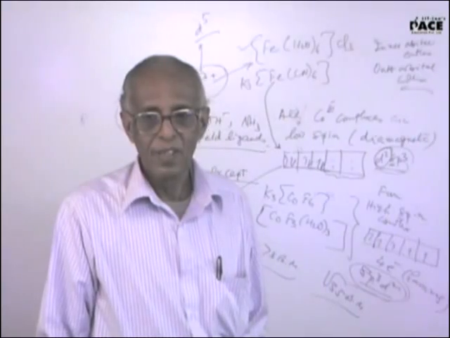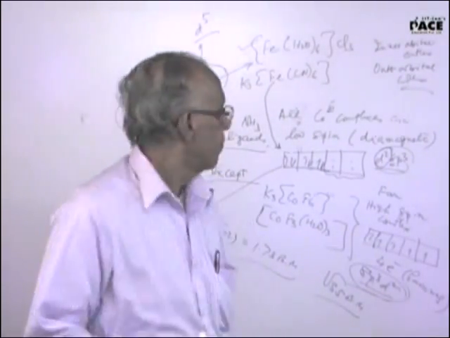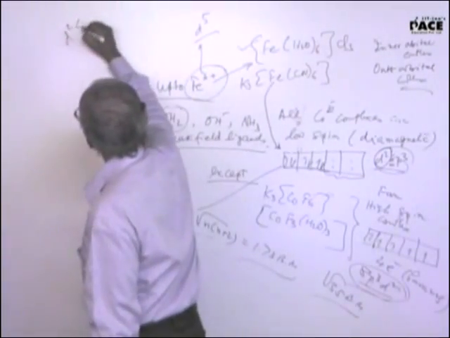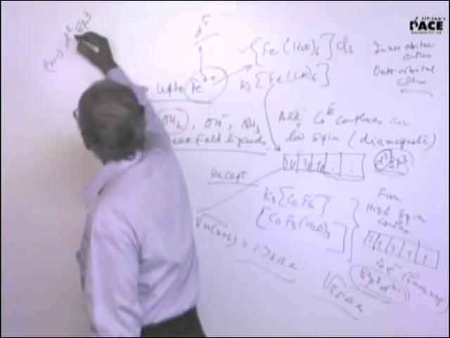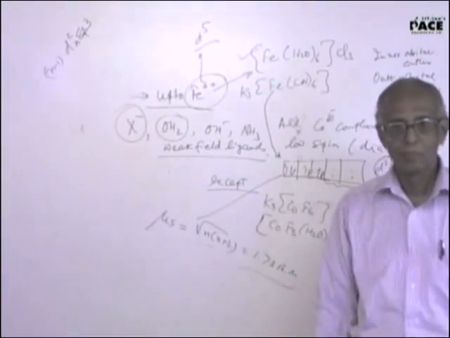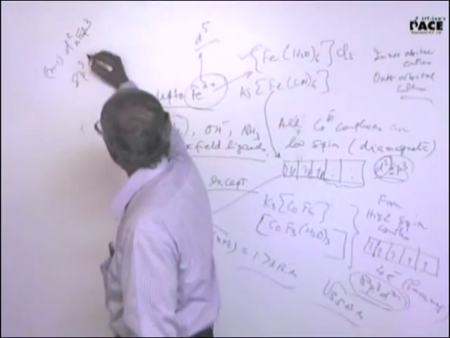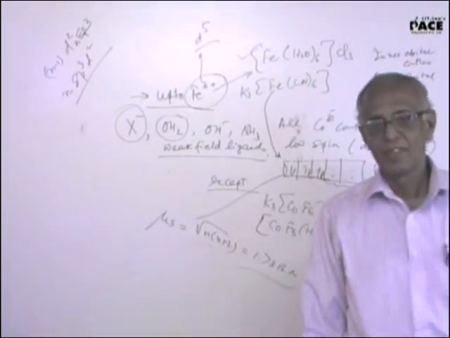That means the n value of d, when I write d2sp3, it is (n minus 1)d2 ns np3. Whereas when I write sp3d2, all n values are the same.